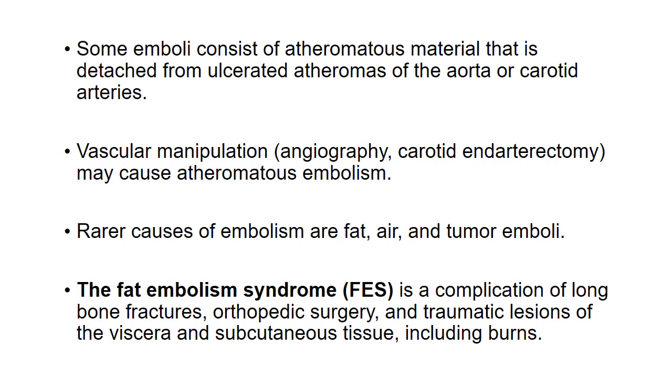So what is this fat embolism syndrome? Discussing it briefly, it is nothing but a complication of long bone fracture, orthopedic surgery, and traumatic lesions of the viscera and or subcutaneous tissue, including burns. All of which can result in formation of emboli and subsequent ischemic stroke.